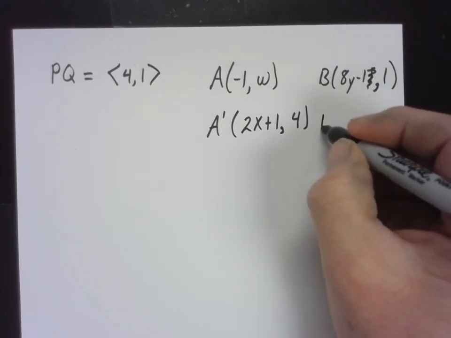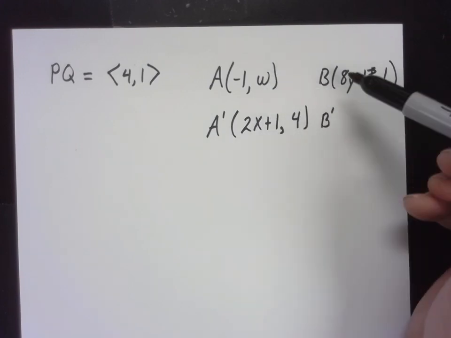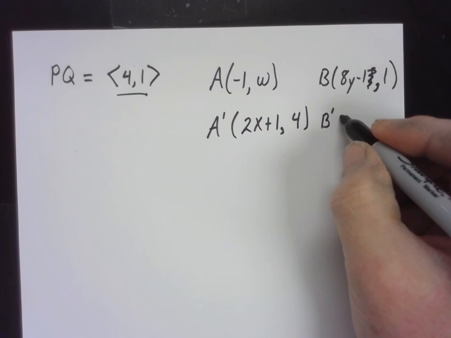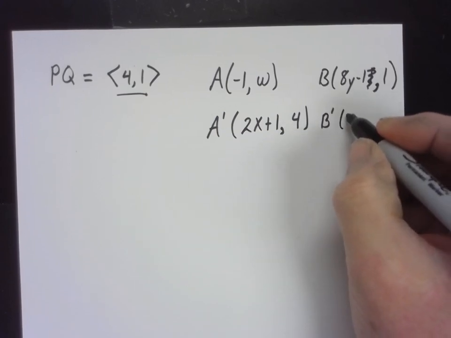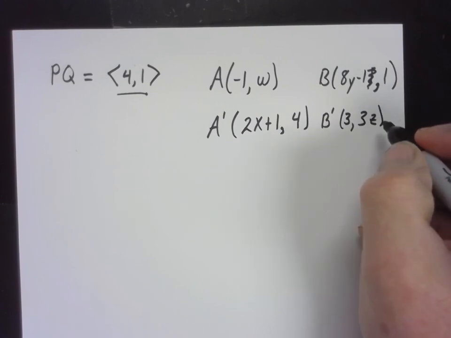And then to B prime. So the same thing's happening from A to A prime and from B to B prime, this mapping function is happening on both of them. And B prime goes to 3 and then 3z, which we're not really sure about. Okay, thank goodness there's no point C.